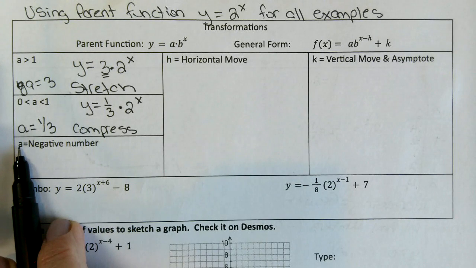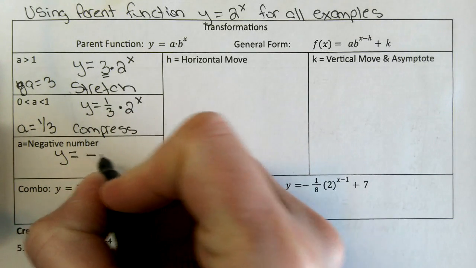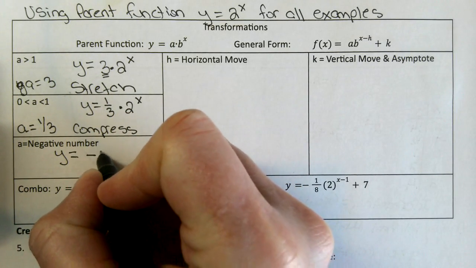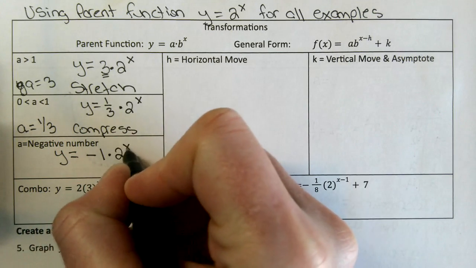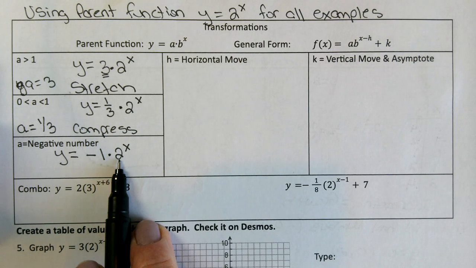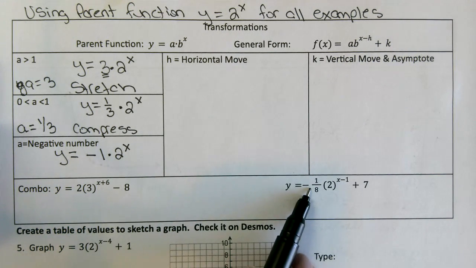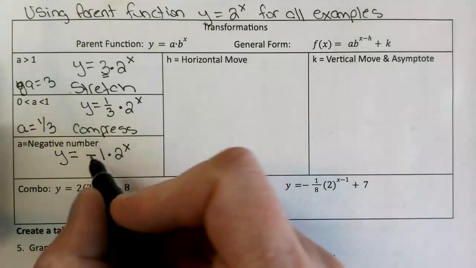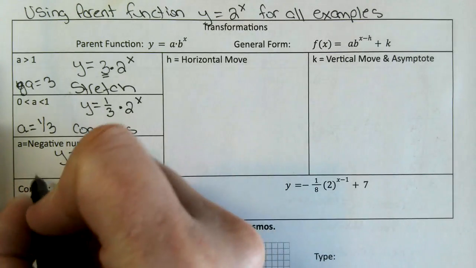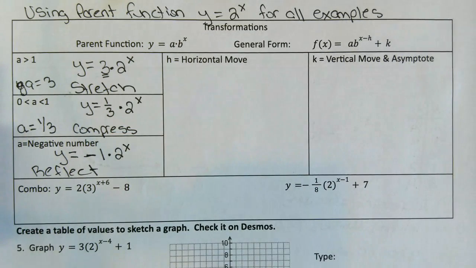And then finally, if a is any kind of a negative number, so if I have y equals negative 1 times 2 to the x, or maybe it would just read y equals negative 2 to the x, or it could be a combo. It could be like negative 1/8 times 2 to the x. But anytime you have a negative there, you have to remember that that is going to make your function reflect.